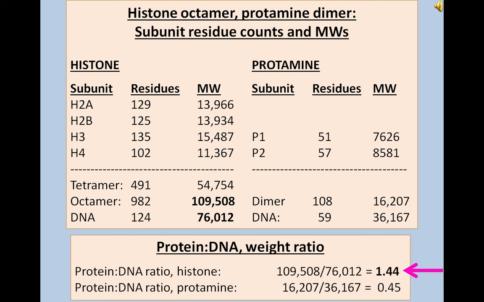Moreover, I have made no attempt to define a role for the histone subunits H1 or H5, whose inclusion could alter the picture considerably. So I post here the protein to DNA ratio of 1.44 as an interim number, to be readjusted as further relevant data become available.